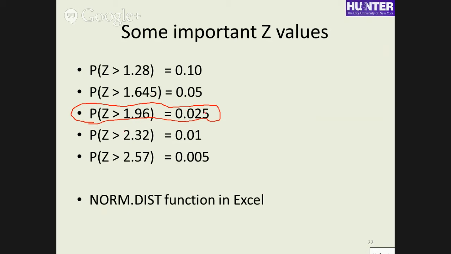That turns out to be important for building 95% confidence intervals and for doing statistical tests where you consider a p-value of less than 0.05 to be significant. The difference between the 0.025 and the 0.05 has to do with whether we're looking at 1 tail or 2 tails, but that's for later. The NORM.DIST function in Excel will let you look up a probability for any value of Z.